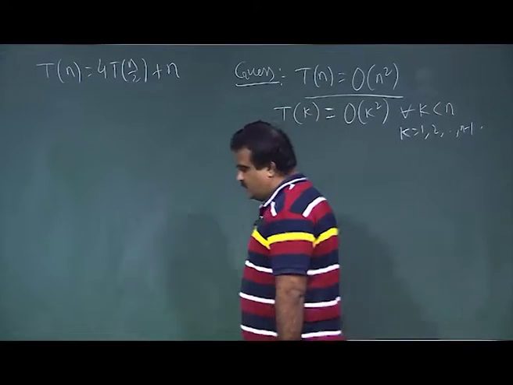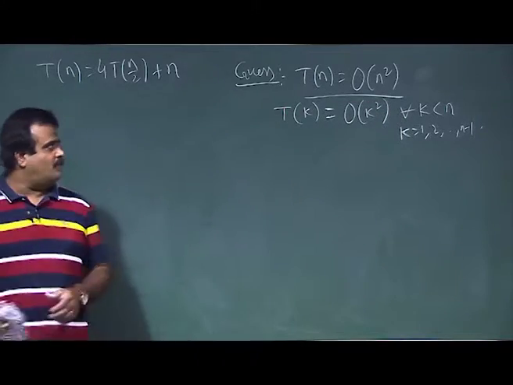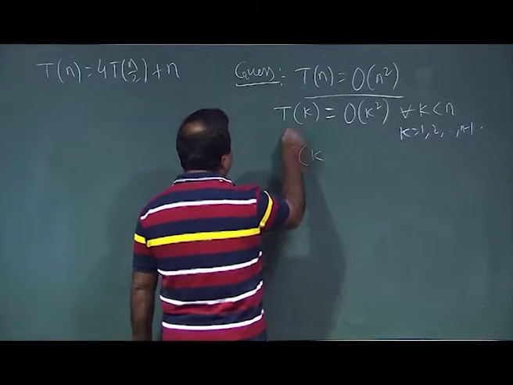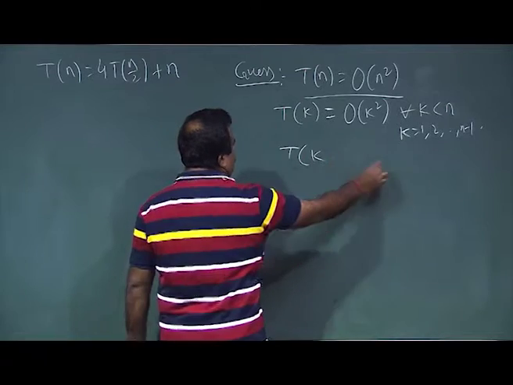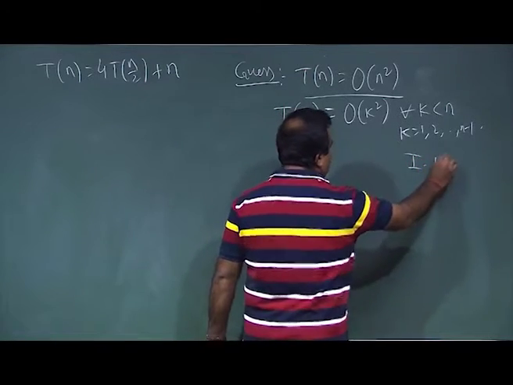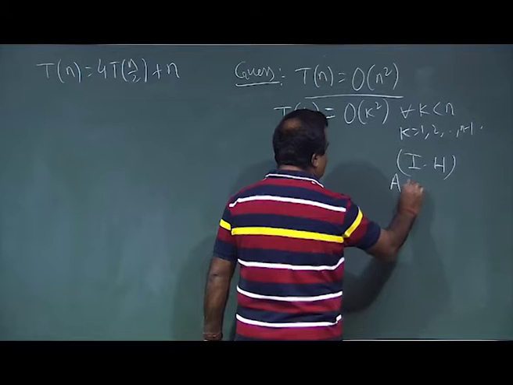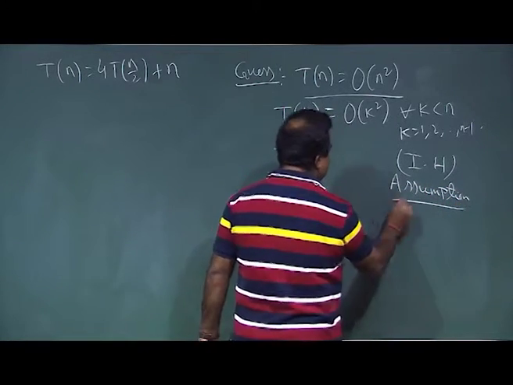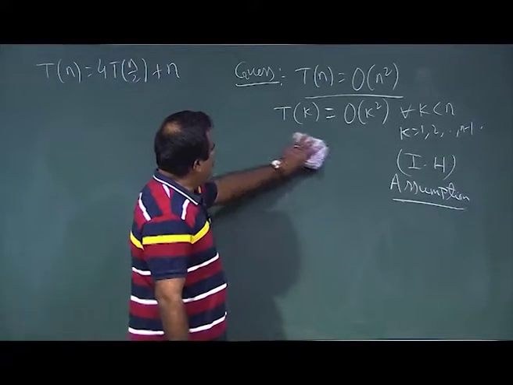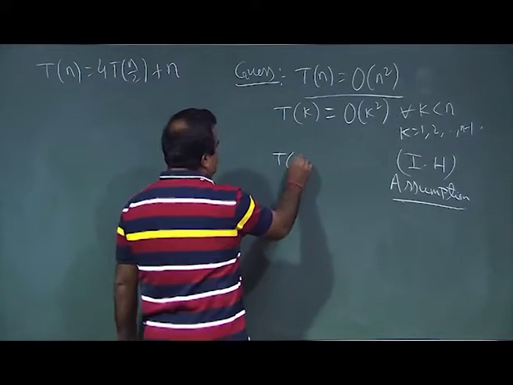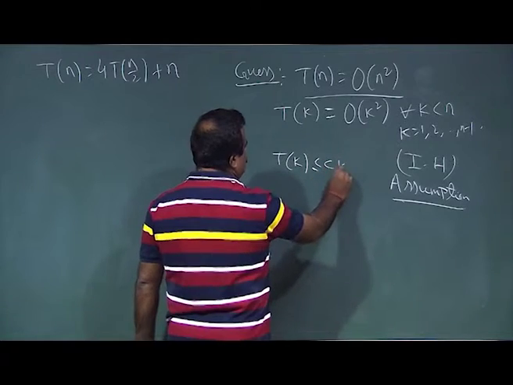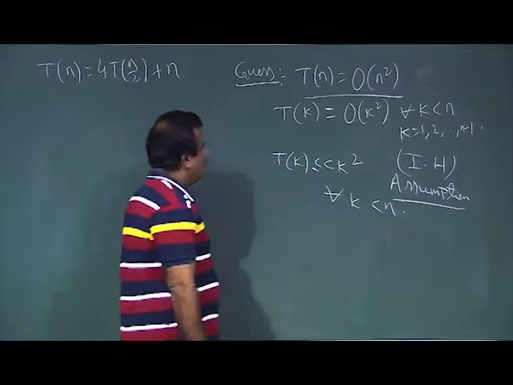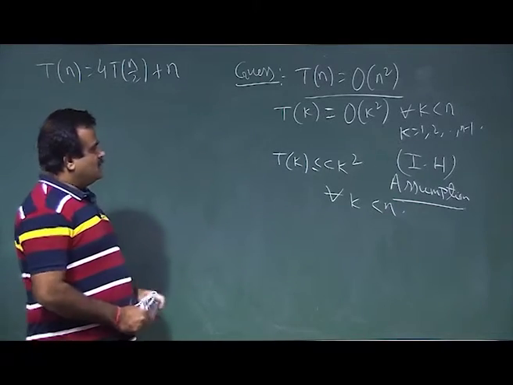This is our induction hypothesis, or assumption. So, that means T(k) is less than or equal to c k square for all k less than n. So, this is our assumption.